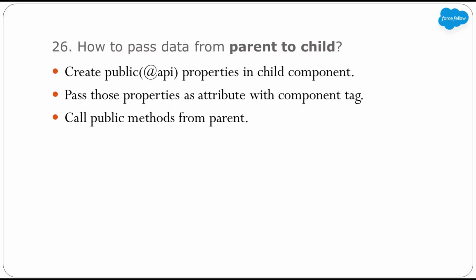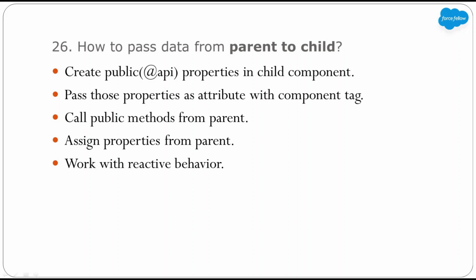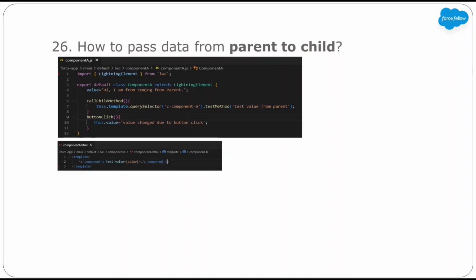We can also call the child component's public method from the parent component, and we can also assign the child component's public properties from the parent. And when we define a property with the API decorator, that property works as a reactive property along with being public. So let's discuss each point with an example.